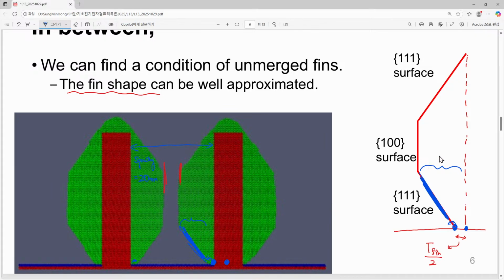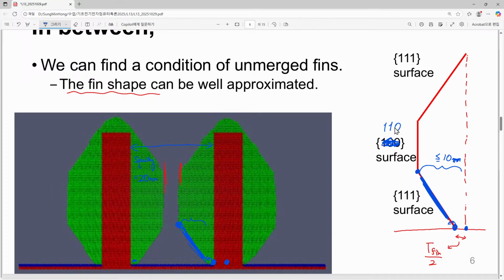For example, this length should be shorter than 10 nanometers in our example. And once we have this position, corresponding to this position, then, oh, sorry about that, this is not a 100 surface, so that is my mistake.